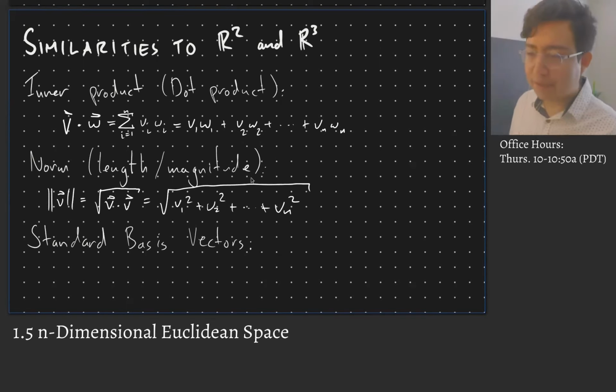This is the norm. This is the length or magnitude. Remember, those are all the same here. Again, the formula looks very familiar. If you just let n equal 2 or n equal 3, it's the same formula we've been dealing with so far.